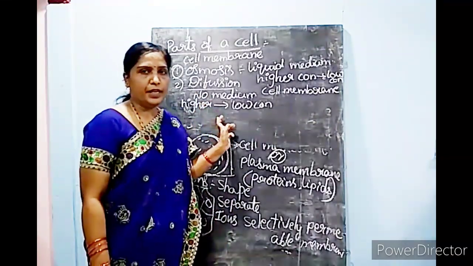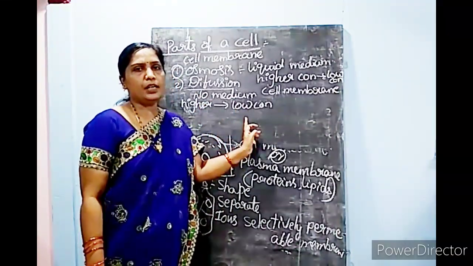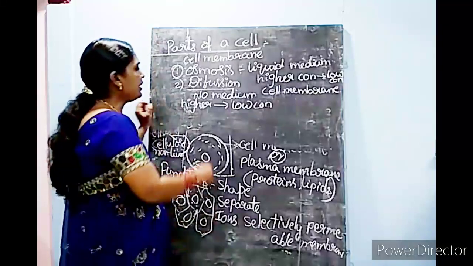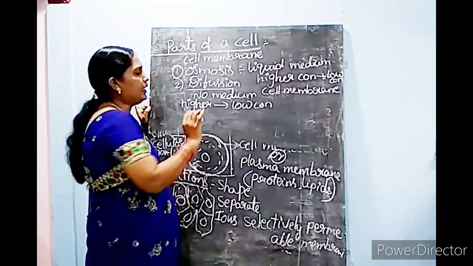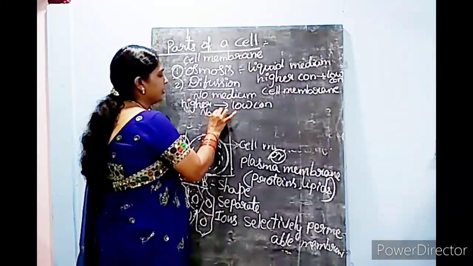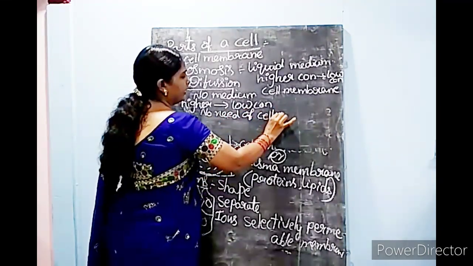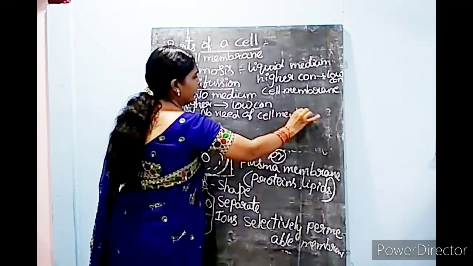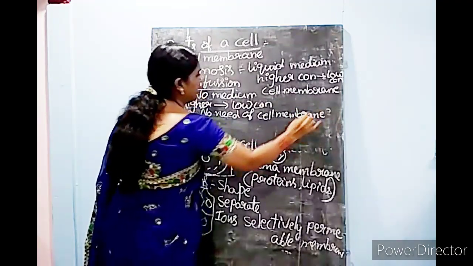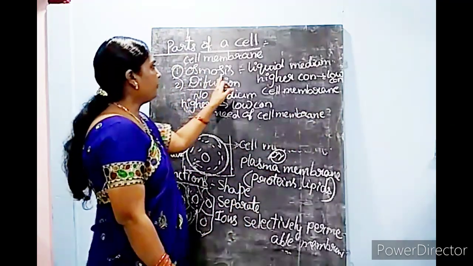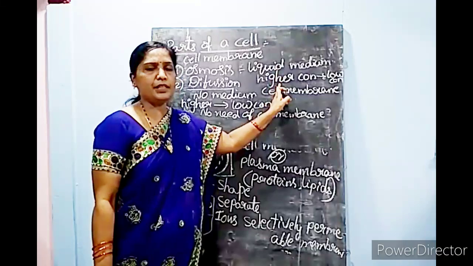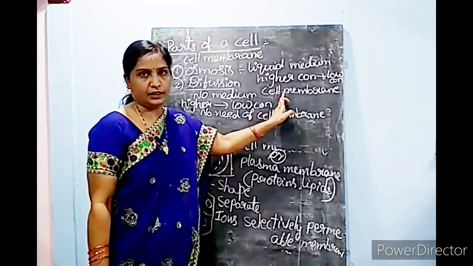In diffusion there is no need of a cell membrane. Without the cell membrane, the diffusion process can take place. But for osmosis, a cell membrane is compulsory.